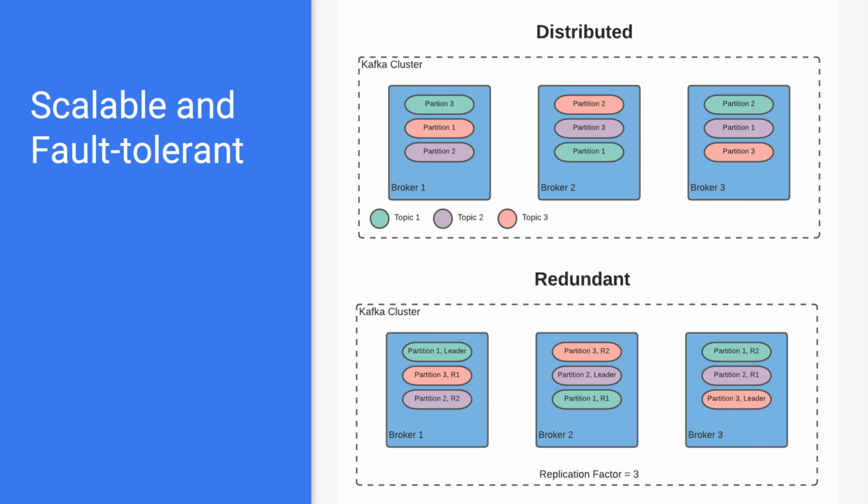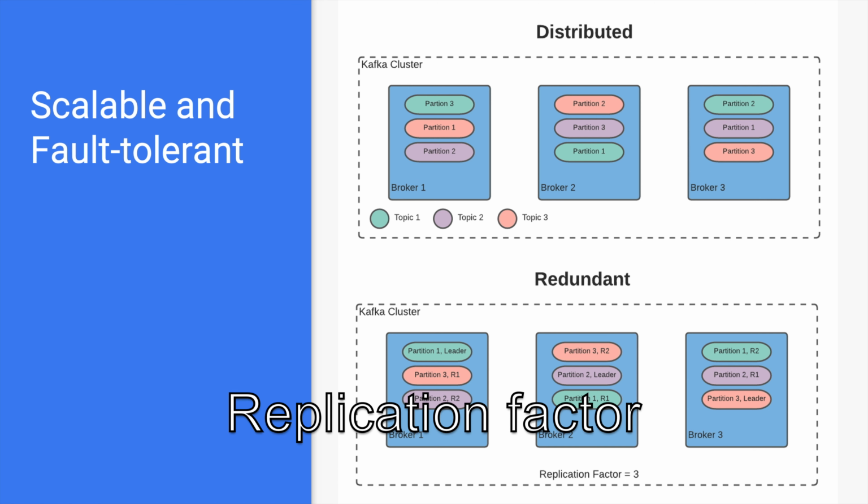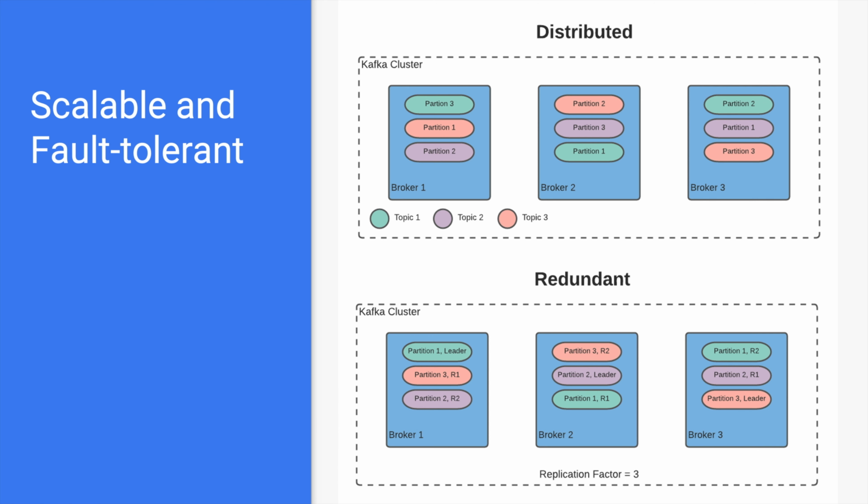Now, not only is Apache Kafka good at scaling out, it is also known to be very fault tolerant because the partitions are also replicated into different brokers. The replication factor, which you could configure in your application, is the configurable number of replicas of a partition. For example, in our diagram down here, it has a replication factor of 3.